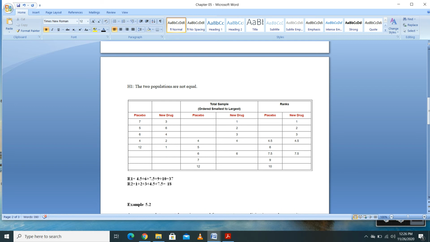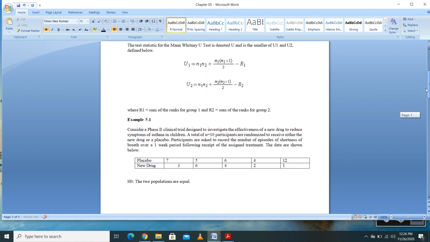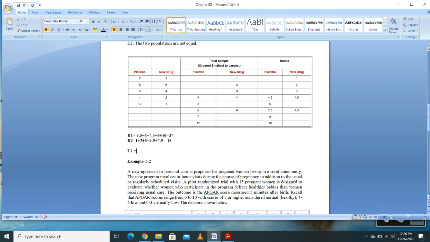Now you can calculate the U1 value and the U2 value. Here I have given the equation. U1 is equal to N1 into N2 plus N1 into N1 plus 1 divided by 2, minus R1. You can substitute. In both samples you have 5 values.